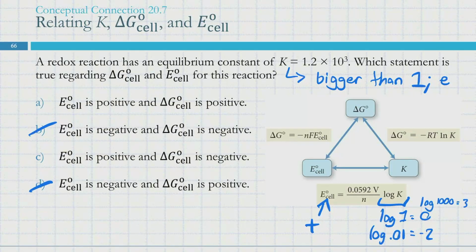So we can cross off B and D. And then looking at our delta G, negative RT ln K, if we had a value that was less than E for natural log of K, then it would be negative, and that would flip because of this negative here. This natural log of K term is positive, meaning that delta G is negative. Hopefully that makes sense. I think that's basically what you said. Just a little difference in the cutoffs, the values we're looking at for K.